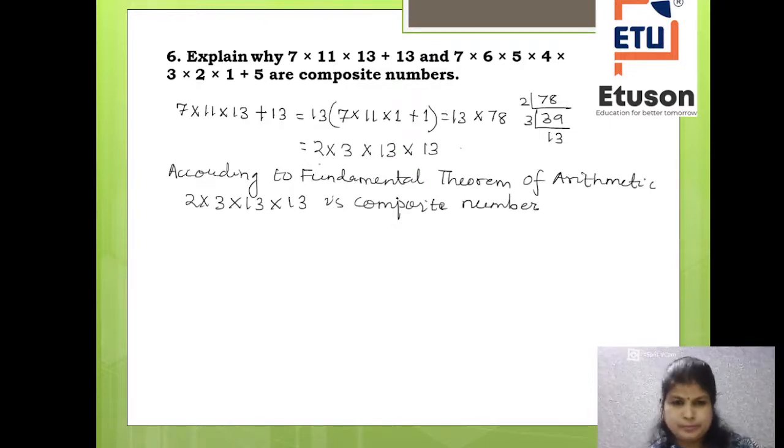Correct? Okay. So I will write product of primes. That means the result is a composite number.